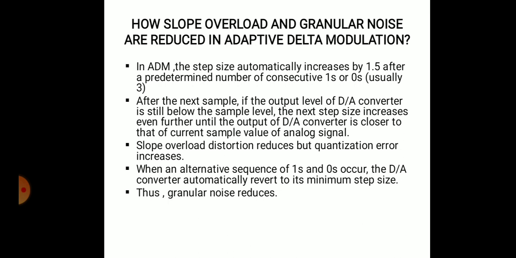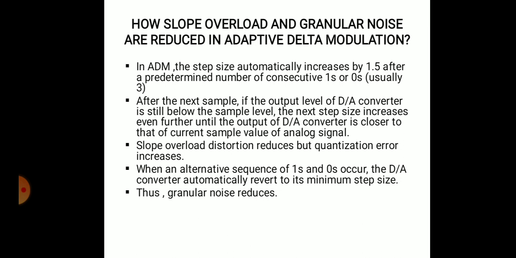First of all, in ADM, that is adaptive delta modulation, the step size is automatically increased by 1.5 after a predetermined number of consecutive ones or zeros, and after the next samples, if the output level of the D2A converter is still below the sample level, the next step size increases even further until the output of the D2A converter is closer to that of the current sample value of the analog signal.